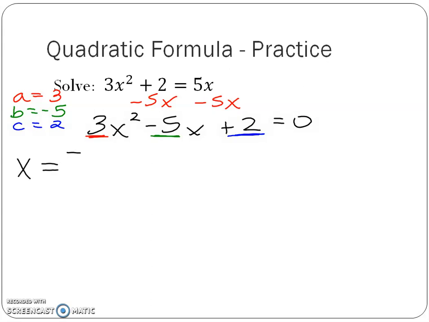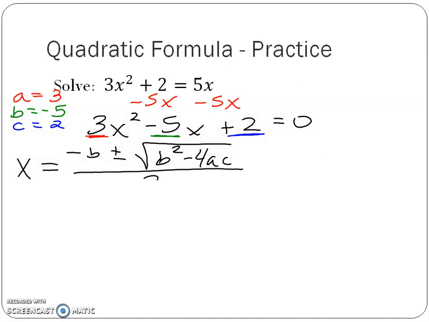X equals negative b plus or minus the square root of b squared minus 4ac, all divided by 2a. I know, you're still impressed. And I'm just going to plug in those values. So I have a negative b, so I'm going to have a negative, and then my b value was a negative 5, plus or minus the square root of b squared.